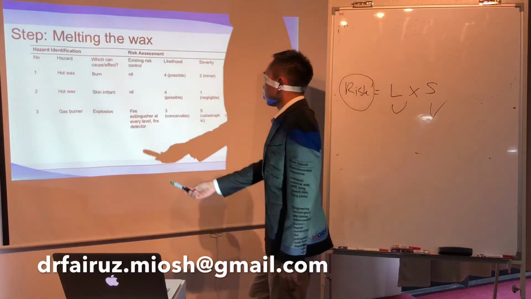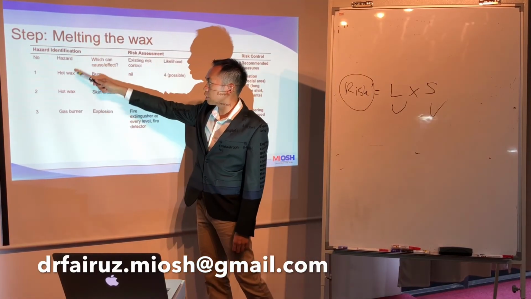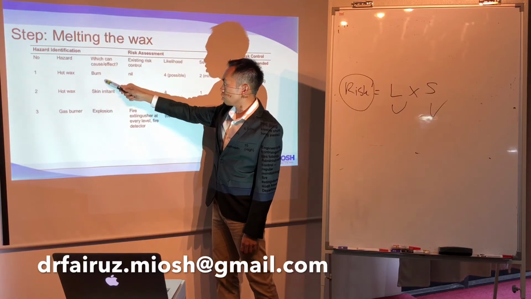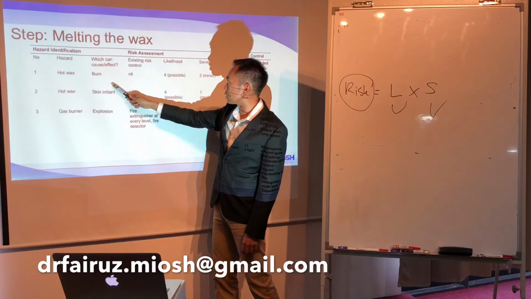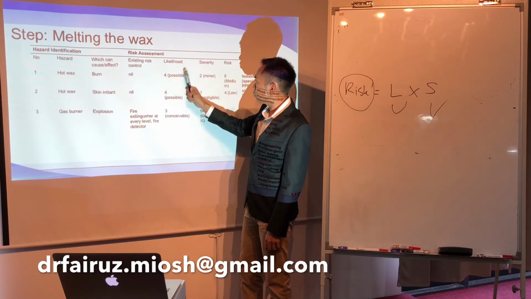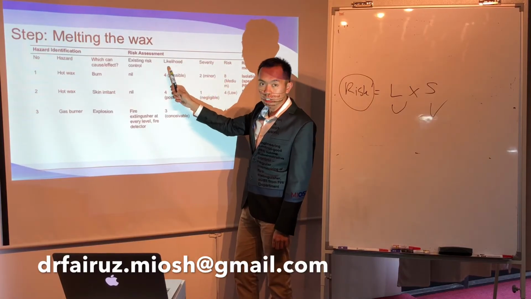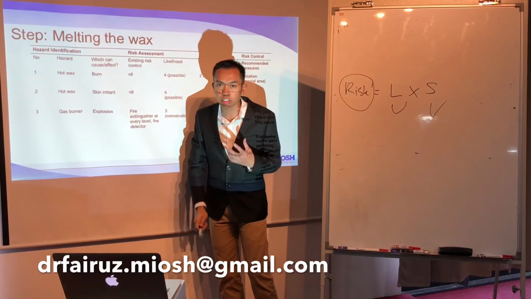So we have the hazard identification. They have 2 columns. We identify the hazard and the effect it can cause. What is the hazard, what is the effect of the hazard, and then we calculate the risk assessment. But before we calculate the risk assessment, we need to identify the existing risk control.